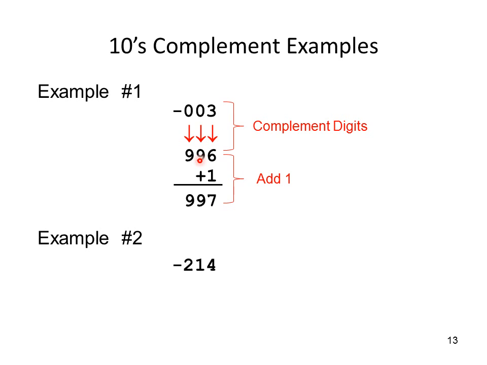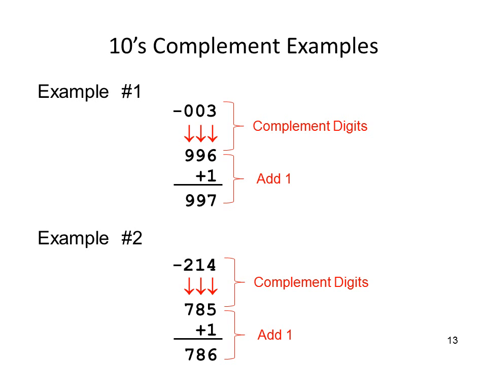Its tens complement is 996, as the 9's complement of 0 is 9, and 3's complement is 6, so 996. When 1 is added, it becomes 997. This is the 10's complement. Similarly, for 214, the 9's complement is 785, and when 1 is added, it becomes 786.